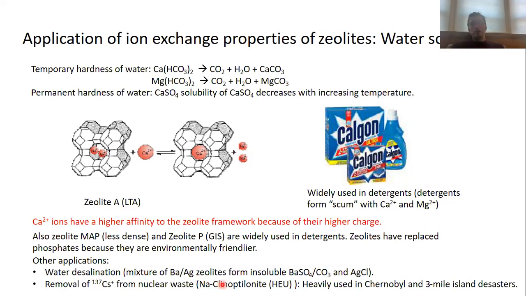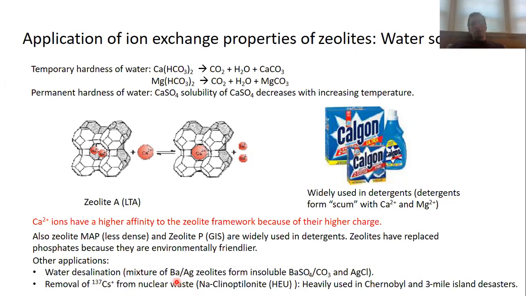For instance, clinoptilolite with the HEU structure in its sodium form can effectively exchange sodium+ by cesium+, thereby removing cesium+ from aqueous solution, because the cesium+ has a higher affinity, fits better into the pores of the HEU structure in comparison to sodium.